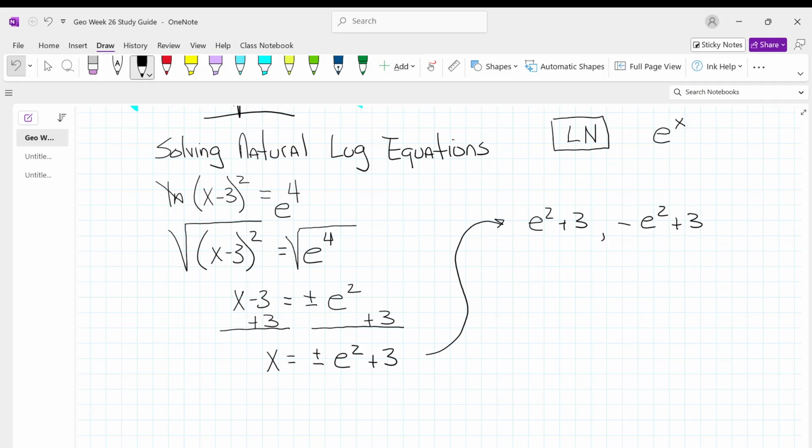So for me to get e squared in this TI-30XA, I type in the exponent, the second button, and then this button right here, e to the x. It's replacing the x with the 2. So 2, second, e to the x, equals, I get 7.389, and then I add 3 to it. So 10.389.